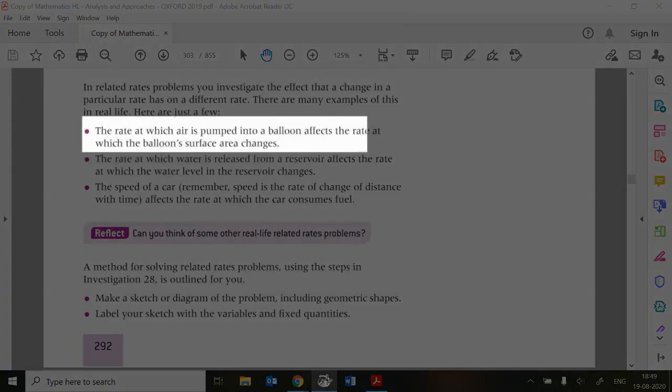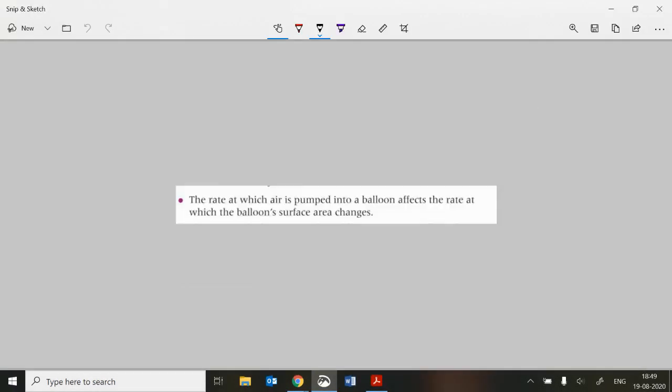Okay, so the rate at which the air is pumped into a balloon affects the rate at which the balloon's surface area changes. Well, let's consider that a balloon might be spherical, and the volume of a sphere is V equals 4/3 pi r cubed. So there's our formula for the volume. Now, if we wanted to say dV/dt, again, we've only got one variable here, the r.